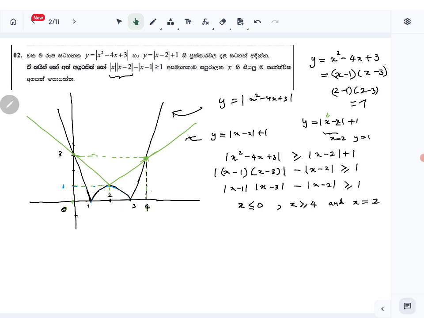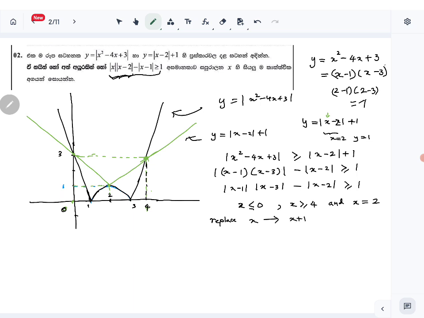So, right. So now we have to use this answer to get the answer for this inequality. Right. So what should I put instead of x to get this inequality? I can replace x with what? X plus 1.